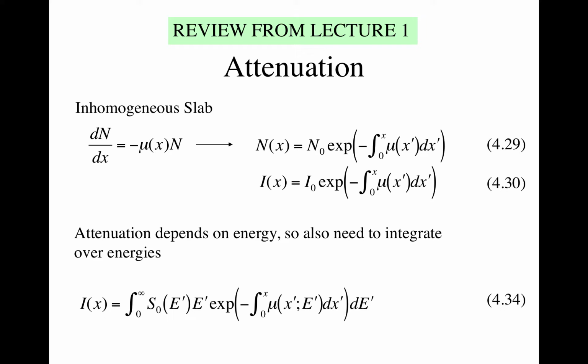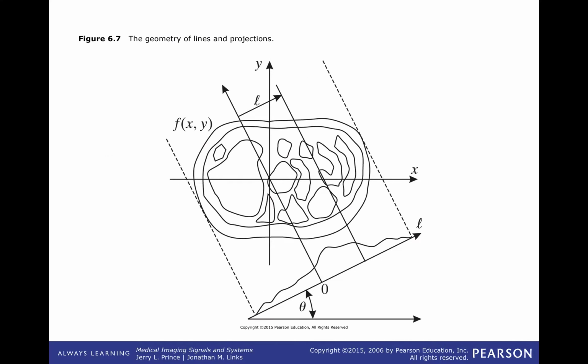So oftentimes when we're doing the math of CT, we're just going to assume we have monoenergetic X-rays, right? And make life a lot easier. And then you can just say, if we do everything for monoenergetic X-rays, all I have to do is do it 10 times, once for each one of those energies, and then add those up, and that'll give me my final image, right?